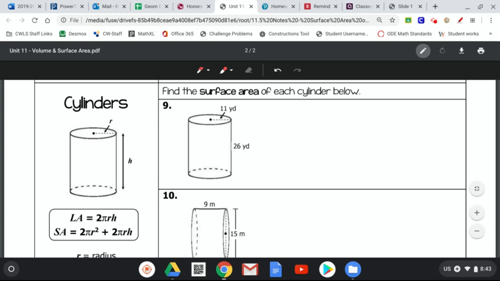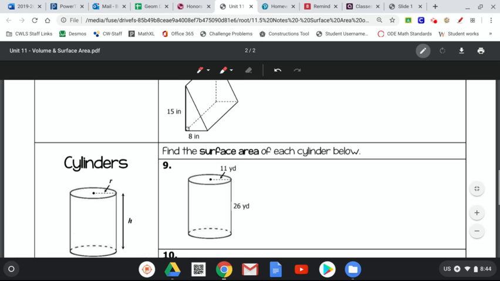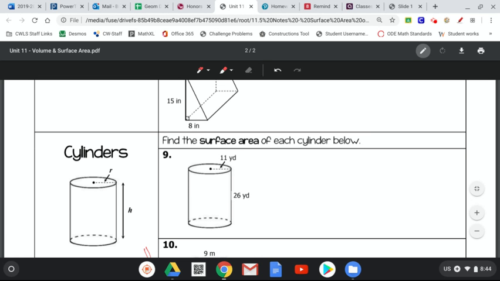So moving on to cylinders. With cylinders, we have this long formula down here. And basically that is from, if we took a cylinder, like the one we have right there, to find the total surface area, we're looking at two circles.